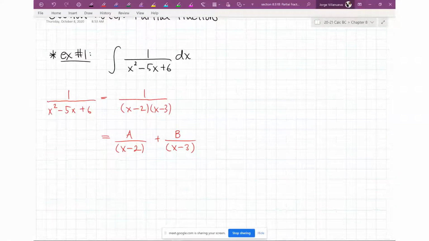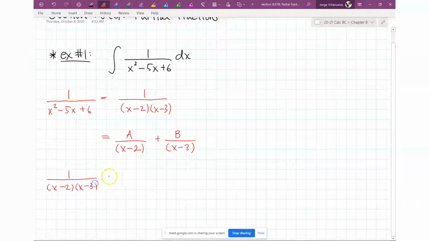Now once you have that, you rewrite your problem. I usually rewrite it in factored form, meaning I write 1 over x minus 2 times x minus 3 is equal to a over x minus 2 plus b over x minus 3.